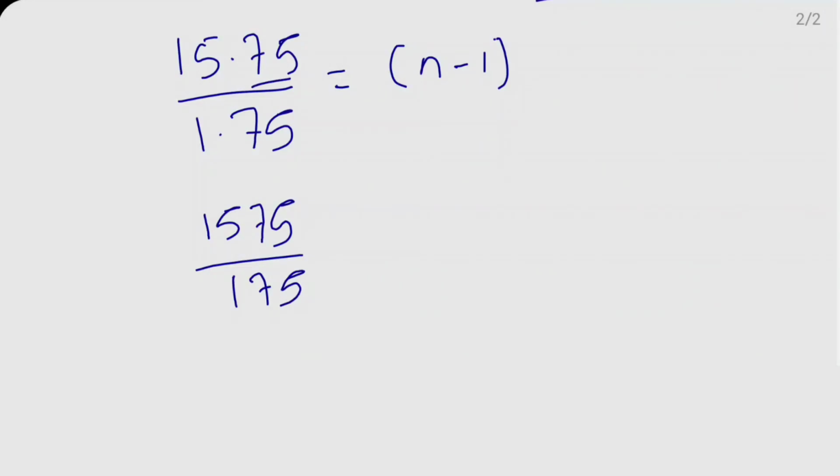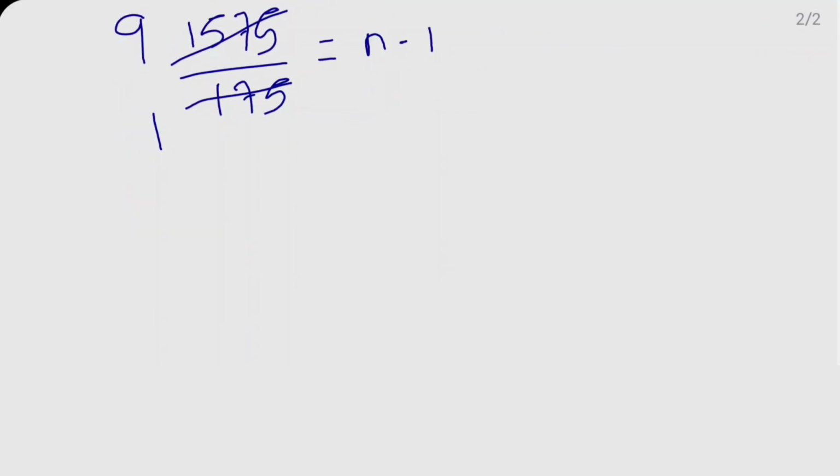So here after 2 places we have a point, and here also after 2 places we have a point, so I will remove this. We got this much result, and this equals n minus 1 as it is. So now here 175 ones are 175, 9s are 1575. Is it clear?